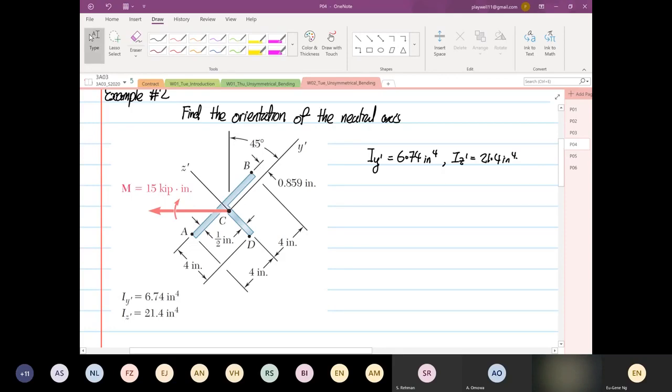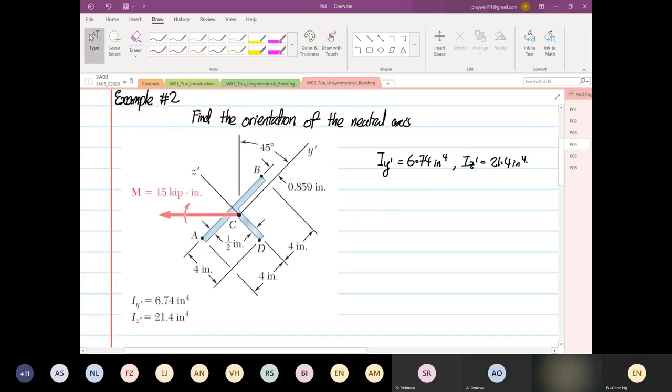Now, you can see that the Y prime and Z prime are taken such that they are parallel or perpendicular to the structure, yes or no? This geometry over here is parallel to your Y prime. This geometry over here is parallel to your Z prime.